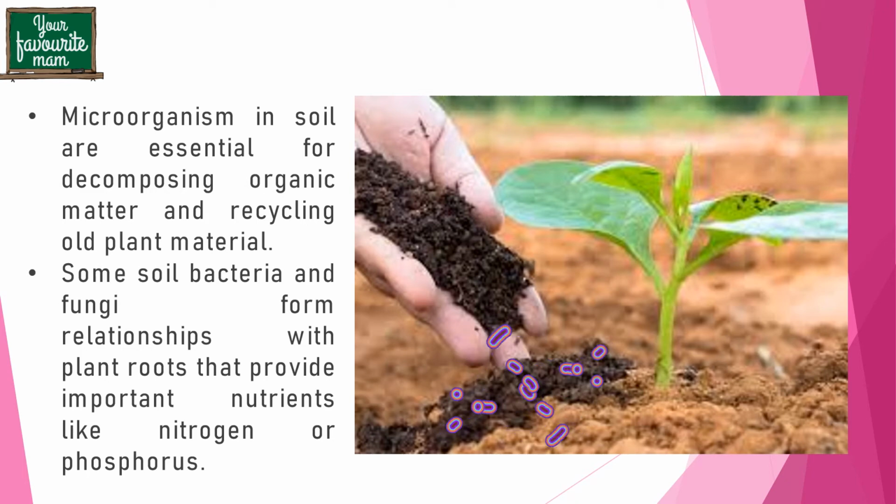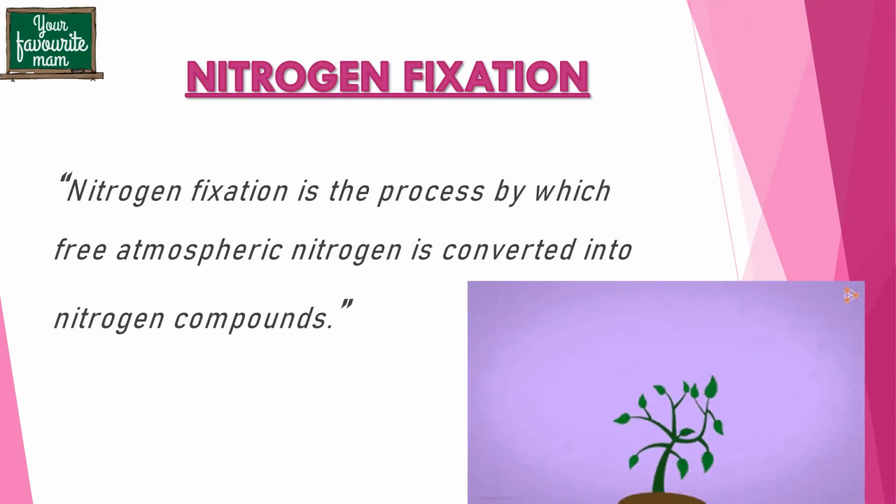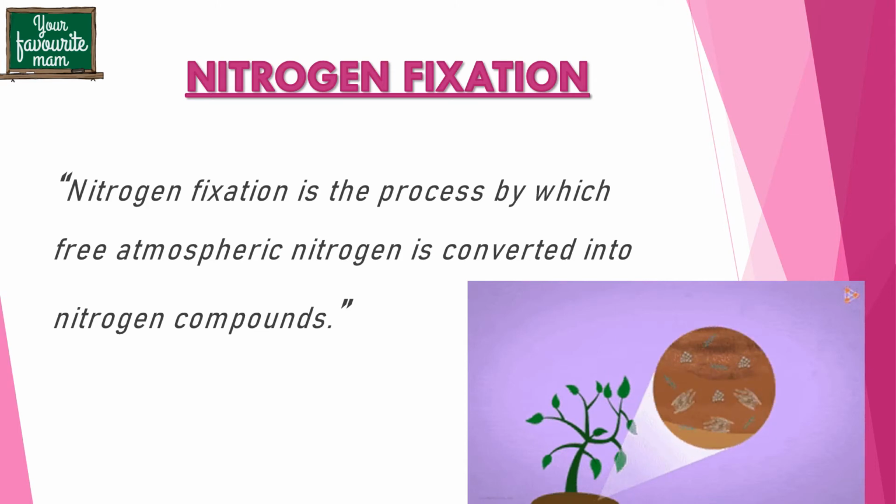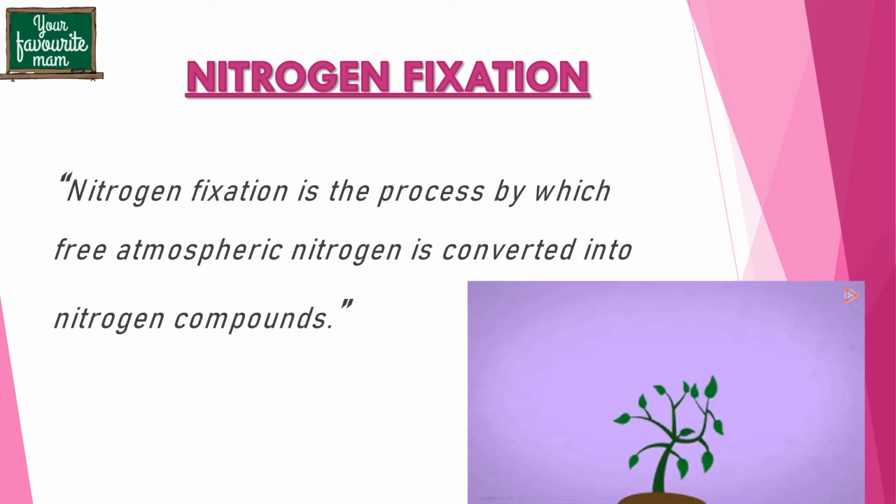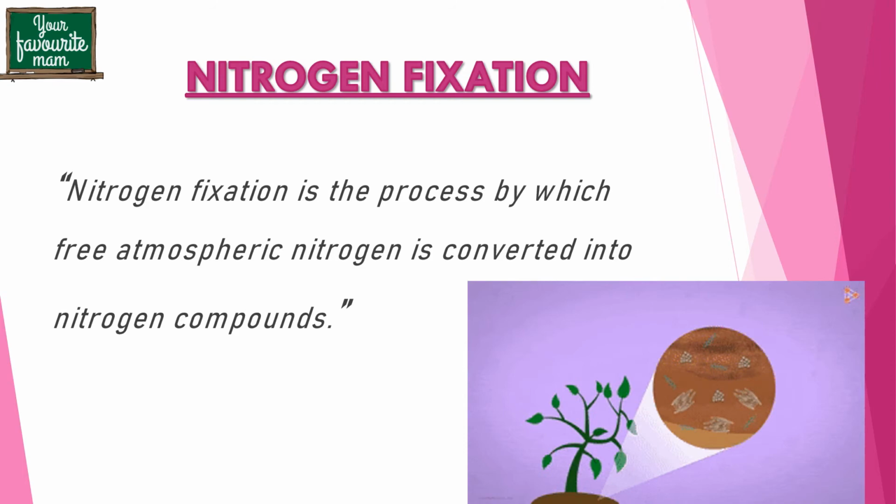Some soil bacteria and fungi form relationships with plant roots that provide important nutrients like nitrogen or phosphorus. So now let's talk about nitrogen fixation, which is a process by which the free atmospheric nitrogen, which is present in our atmosphere, is converted into nitrogen compounds, which are then absorbed by the plants.